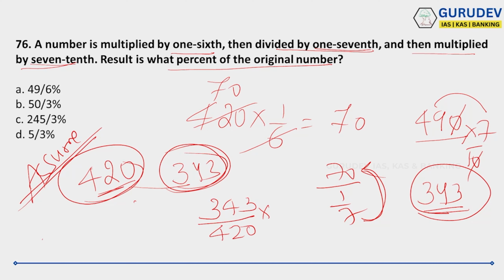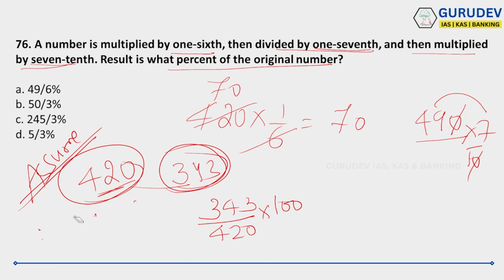That is nothing but, if you want the percentage, you should multiply by 100, correct? So if you divide this, the 0 will be deleted. Next, this one will be 7 sixes, this one will be 7 sevens are 49, correct?